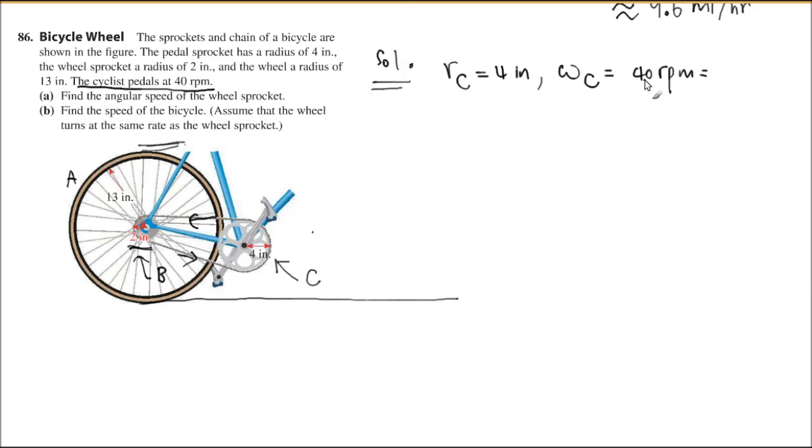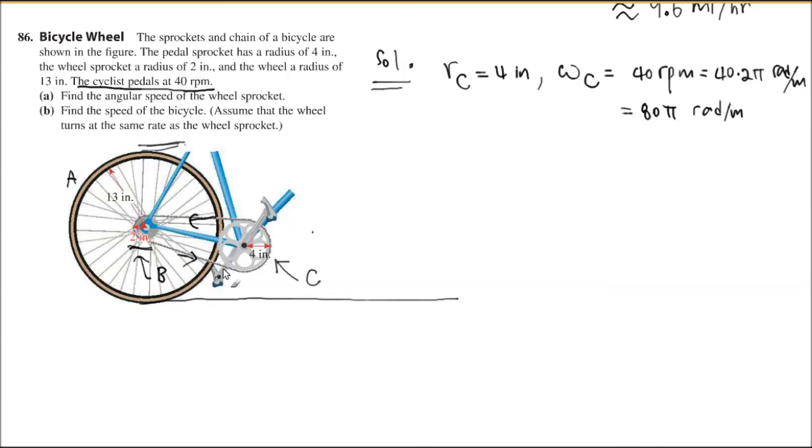How do you switch right away to what we want? 40 times 2 pi radian per minute. Is that all right? So let's keep it this way. 80 times pi radian per minute. Is that all right? Perfect. We know everything about this guy.